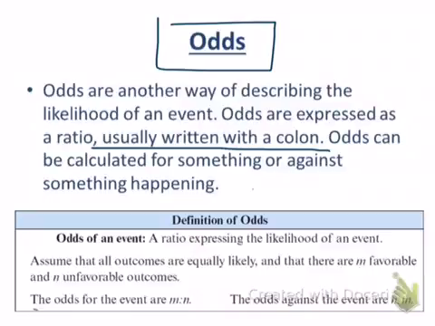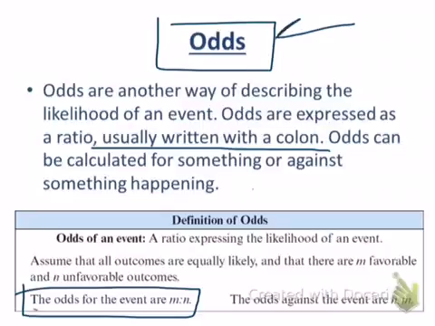The odds of the event are m to n, where m is the favorable outcomes and n is the unfavorable outcomes. Now, I'm telling you right now, there's going to be some really, really simple questions that you miss on the next test because you don't read this word and recognize the difference between odds and probability. Okay?